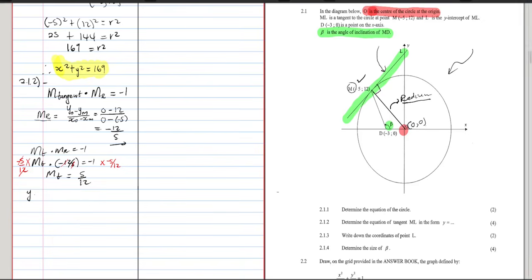So therefore we're going to take this gradient and work out the equation of the tangent. So we're going to say y is equals to mx plus c. Gradient we substitute. For the y and the x, we're going to substitute the m point. Y, that's 12. Gradient, that's 5/12. And then x, it's -5 plus c. 12 is equals to, we multiply that, we get a -20/12 plus c.